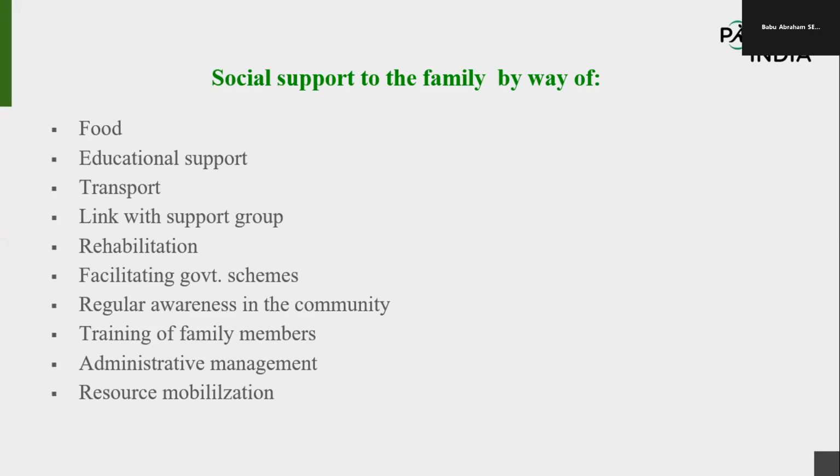For example, in schools or colleges, we have implemented a project called Share to Care. Whenever they conduct some activities on their college platform, they keep something for patient care activities.